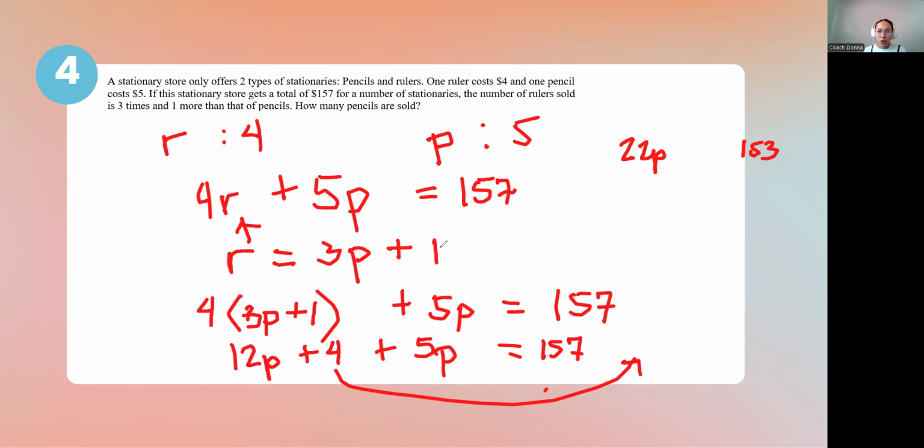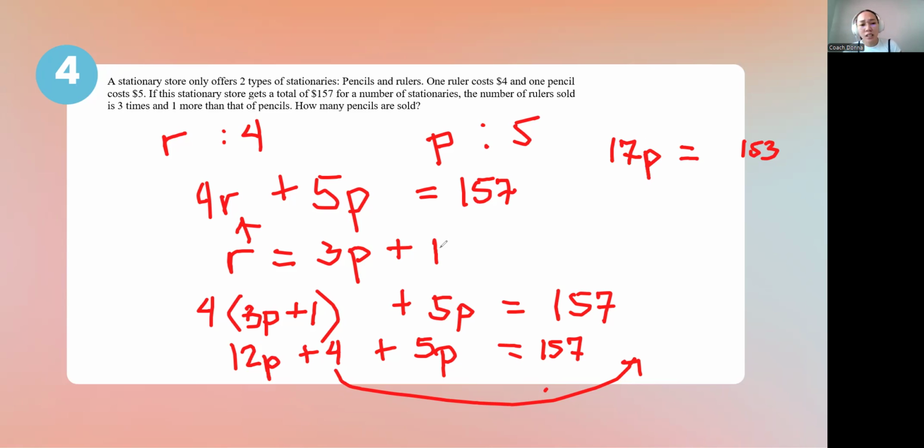All right. 22P. I know, no, sorry. My bad. That's why I'm having a wrong answer. 12 plus 5 is 17P. All right? 17P is equal to 153 divided by 17.